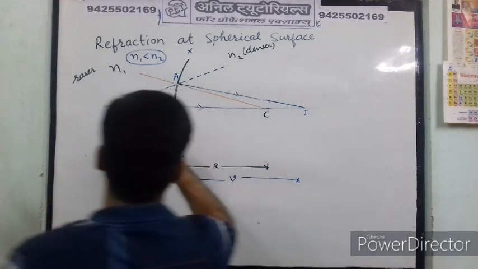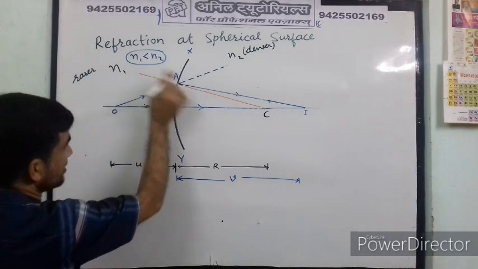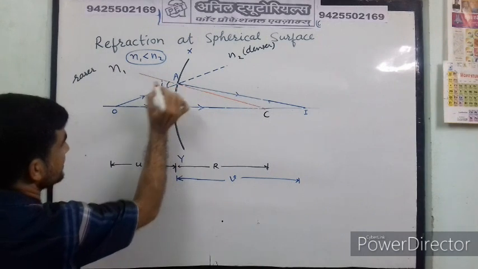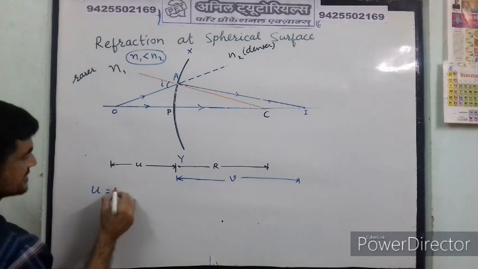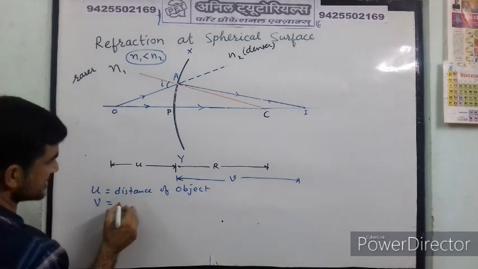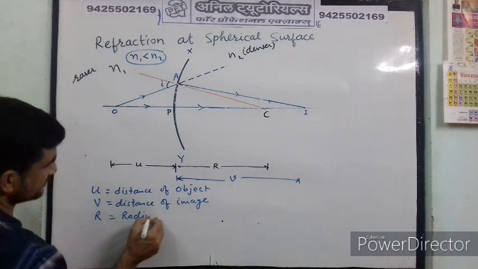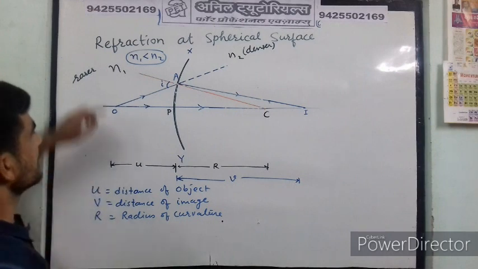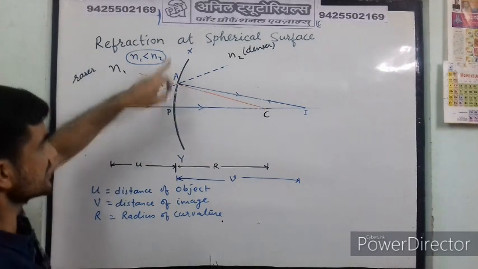The incident ray makes some angle with the normal, that is called the angle of incidence. u is the object distance. v is the distance of the image. R is the radius of curvature. Now, the incident ray makes an angle with the red line. This red line is a normal on this surface.